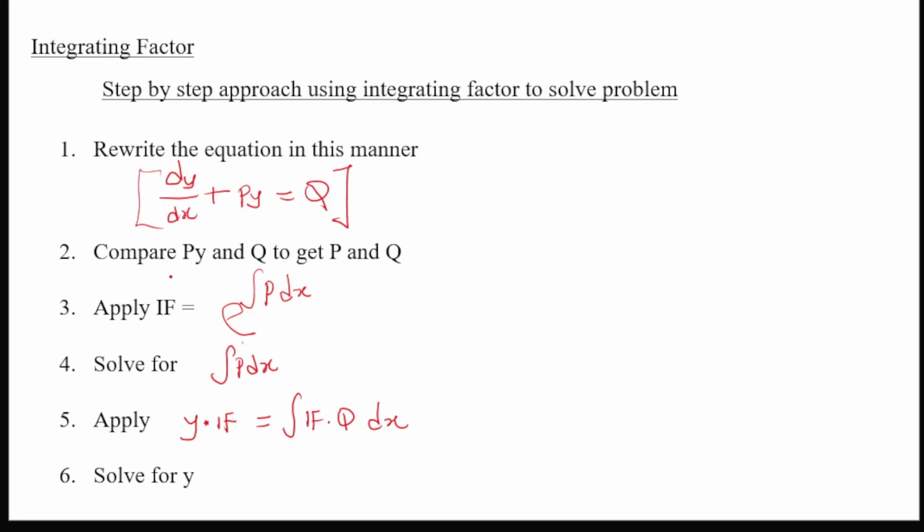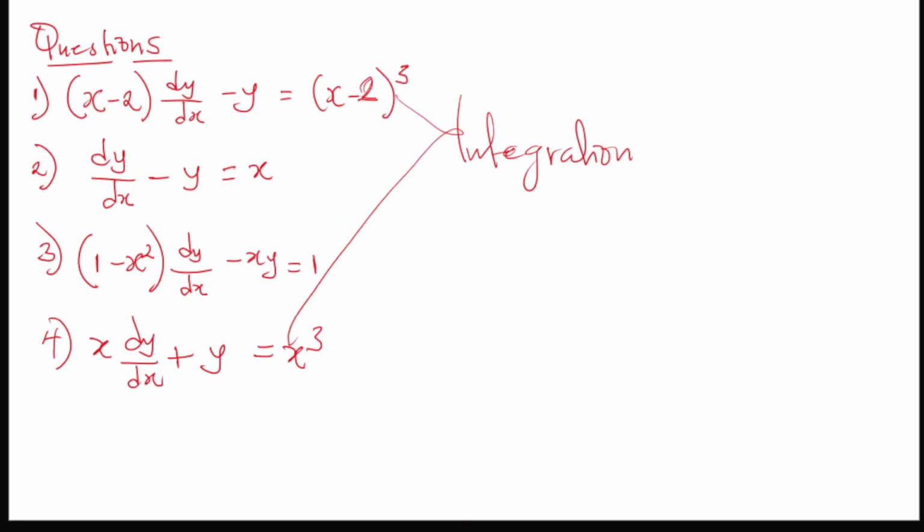Now let's take down the first question given to us. We simplify this question using the steps given to us. Now what's the first question? We're going to a new page and changing the pen, so let's change the pen to black and go over to a new page.